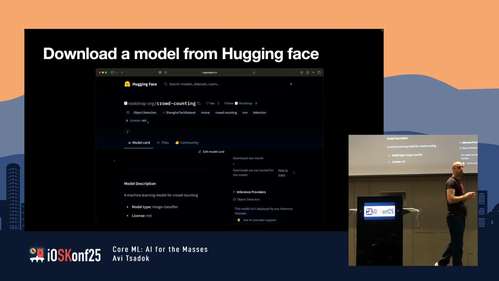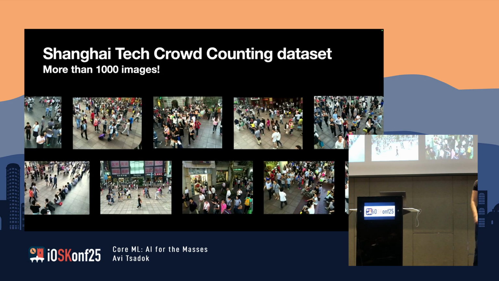So what I did, I downloaded a pre-trained model from Hugging Face, which was also mentioned yesterday. And this pre-trained model was based on what's called the ShanghaiTech Crowd Counting Dataset. It's a dataset that contains more than 1,000 images of crowds of people.